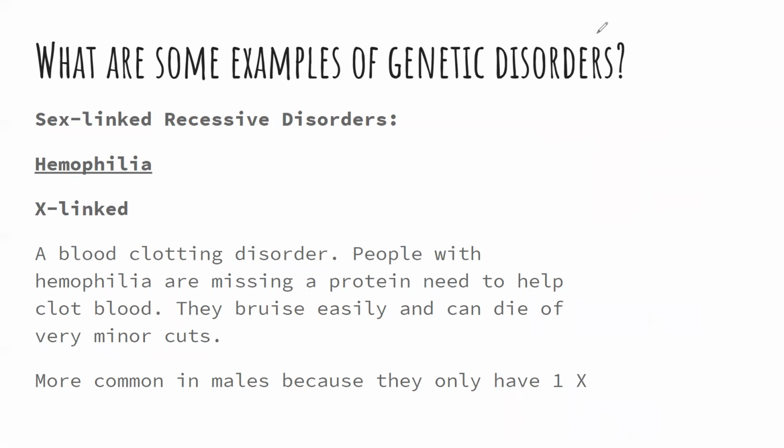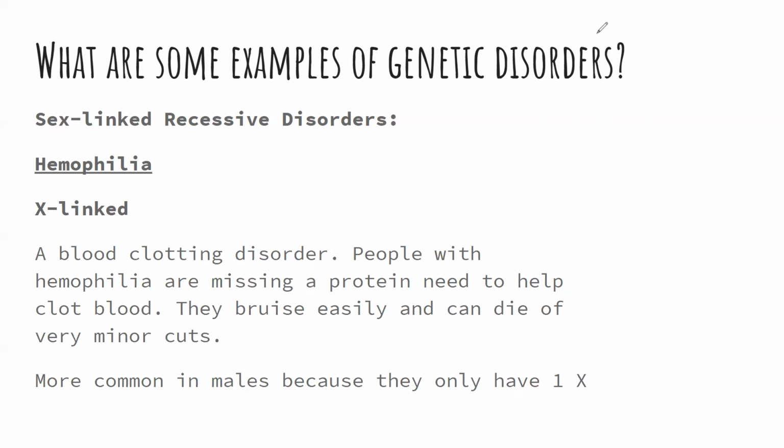They're missing that protein that helps them to clot that blood. They bruise really easily and they can die of minor cuts. Since it's sex-linked, it's more common in males. Remember, sex-linked traits affect males more than females. Okay?